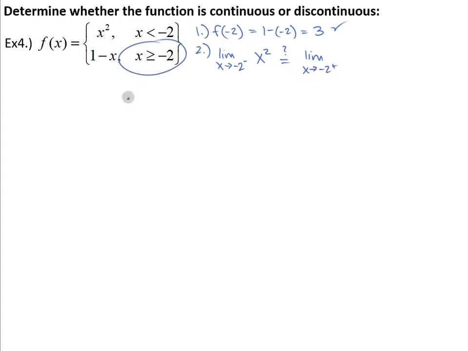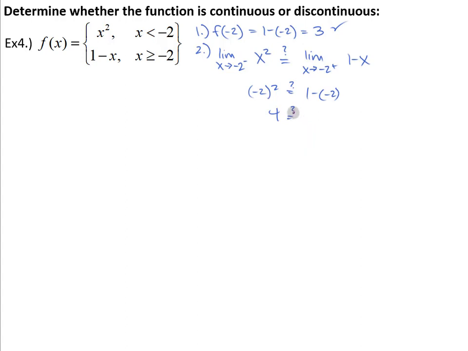And from the right of -2, right, values greater than, we'd use this function, 1 minus x. So essentially we need to plug in -2 in both of them. So we get -2 squared. Will this equal 1 minus -2? Well, -2 squared is 4. And 1 minus -2 is 3.